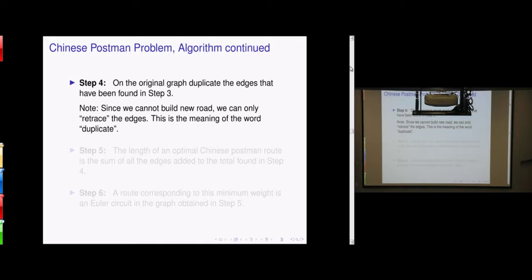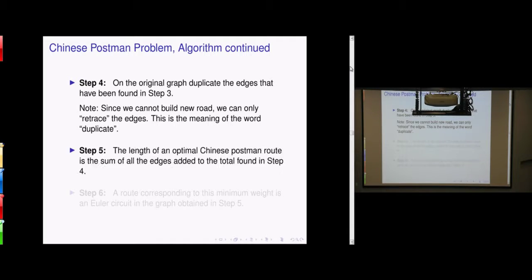Unlike the example a few minutes ago, where you can create a new edge whenever you want, in this Chinese postman problem you have to duplicate, you have to follow the streets. So you can only repeat the streets. You cannot build a new road. You can only retrace the edges. This is the meaning of the word duplicate. I'm going to show you on a picture, then it becomes obvious.